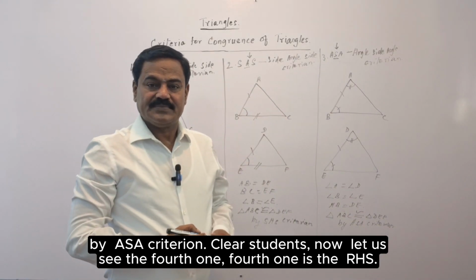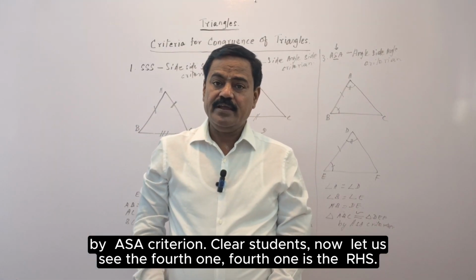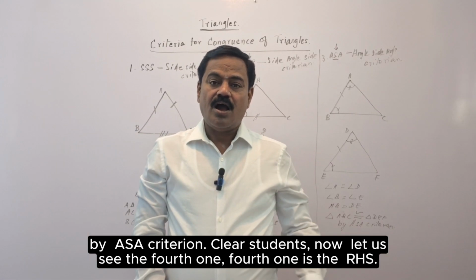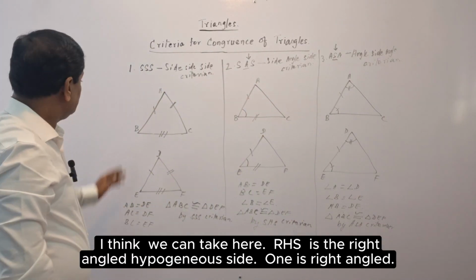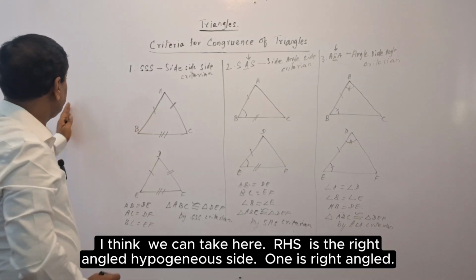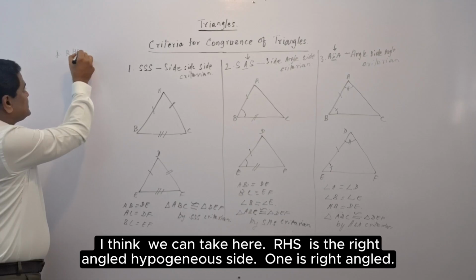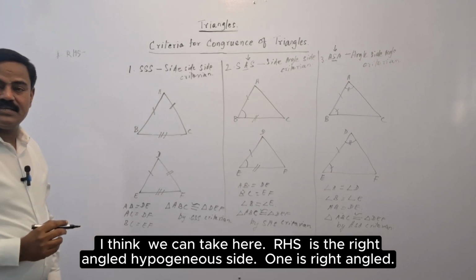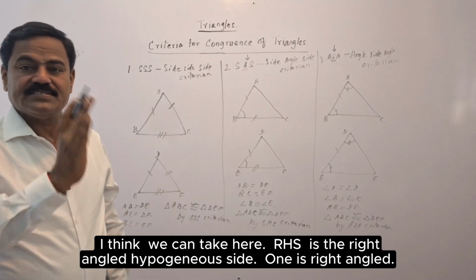Clear, students? Now let us see the fourth one. Fourth one is the RHS. RHS is the right angled hypotenuse side.